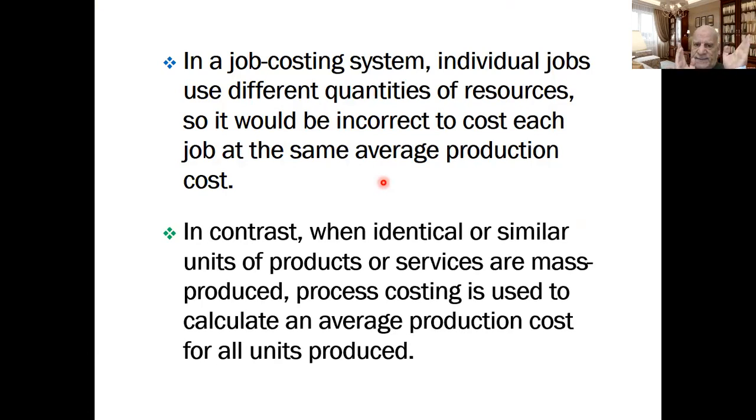In contrast, when identical or similar units of products or services are mass produced, process costing is used to calculate an average production cost for all units produced, as long as all the units are identical.